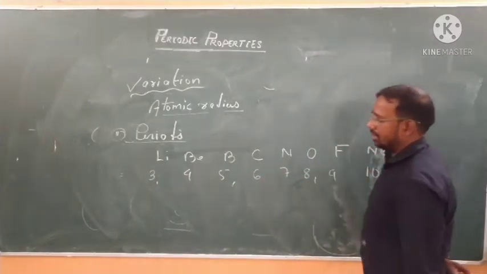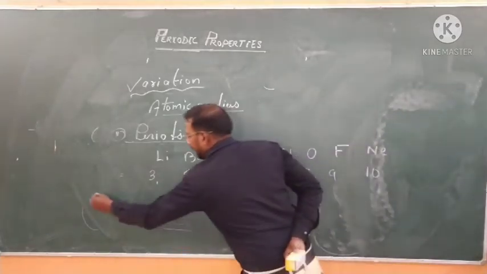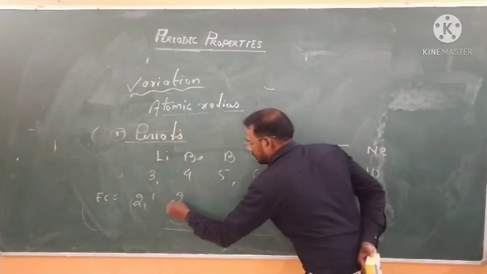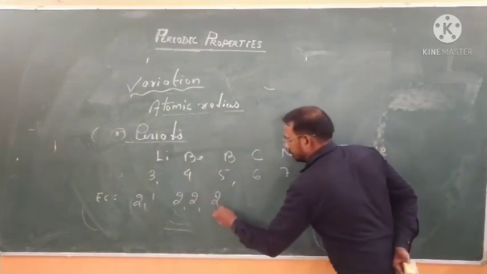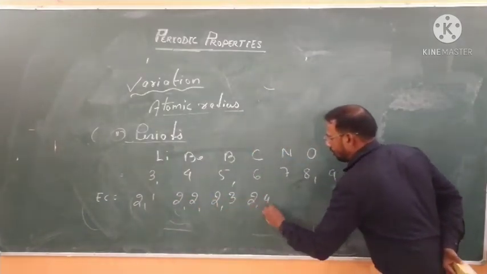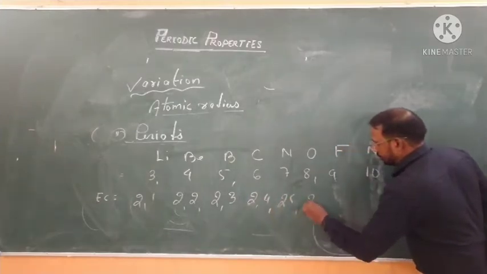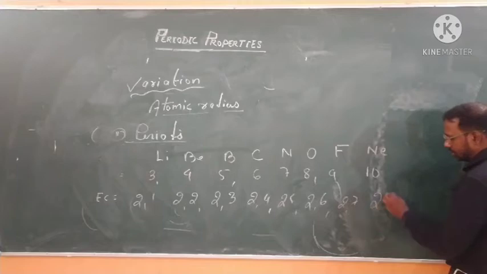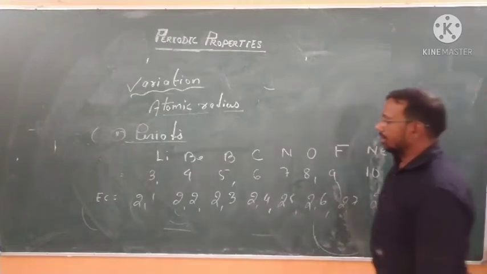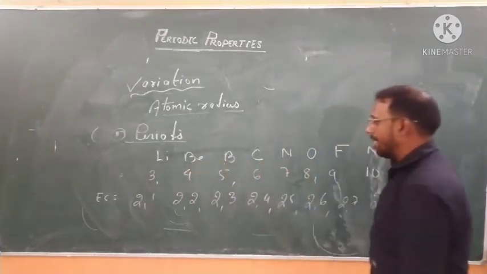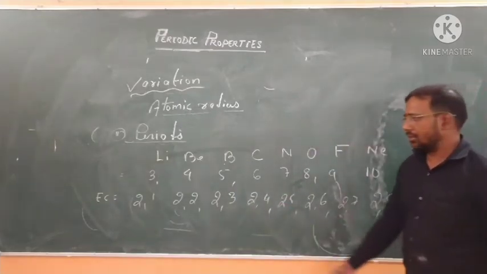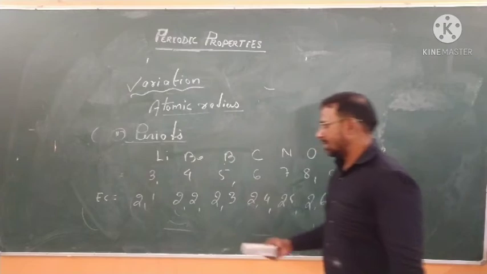Once we draw the electronic configuration, you will get 2, 1, 2, 2, 2, 3, 2, 4, 2, 5, 2, 6, 2, 7 and lastly 2, 8. You can see all these elements have the same number of shells. All of them have 2 shells.